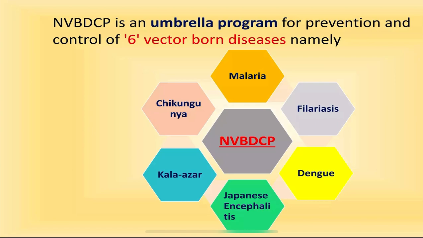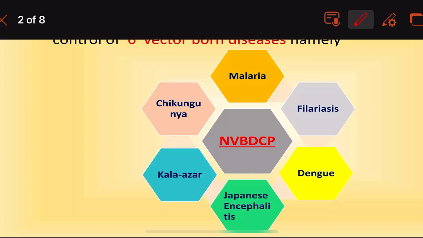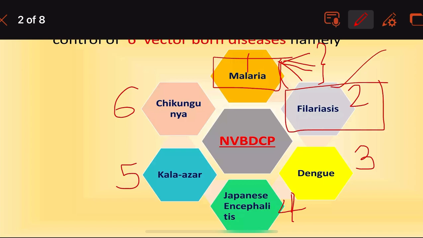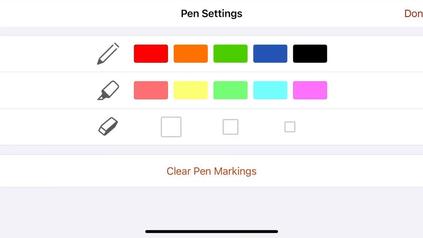The 6 vector-borne diseases are malaria, filariasis, dengue, Japanese encephalitis, Kala Azar, and chikungunya. We have dealt with malaria, the milestones, targets, goals, objectives, key interventions. All of these topics have been dealt with in the previous videos. In today's session, we will be exclusively dealing with filariasis.